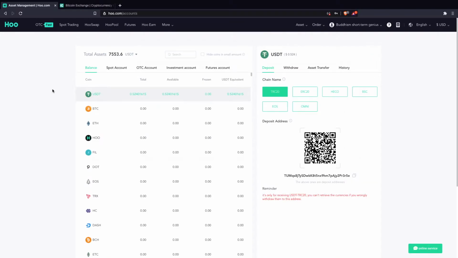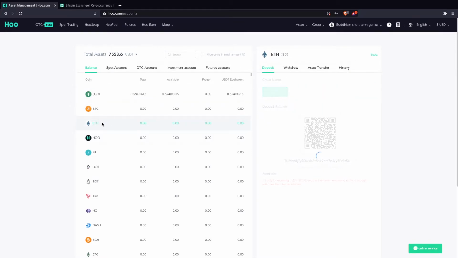Okay. All right, so you deposited your money and your money is now in your balance under that specific crypto. And let's just say for these purposes it was Ethereum and not Litecoin. Now the next thing you're going to do is transfer it from balance to spot account. How you're going to do that is go to asset transfer, but make sure that it matches whatever it is you want to do.